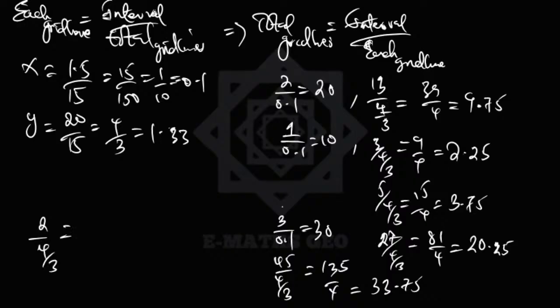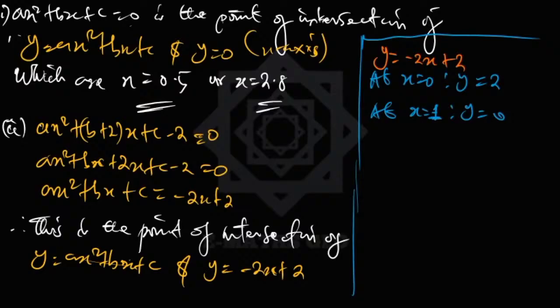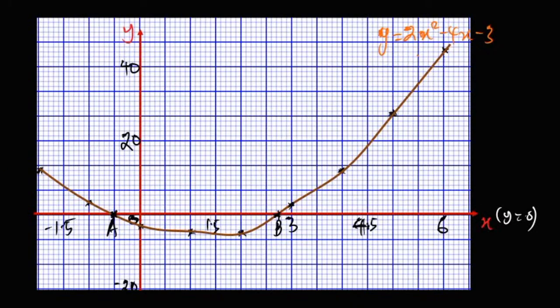So this is 2 times 3 over 4, that's 3 over 2, that's 1.5 grid lines. So x is 0, y is 1.5 grid lines up. Since it's positive, so let's go 1.5 grid lines, somewhere here. So that's the first point of the line.